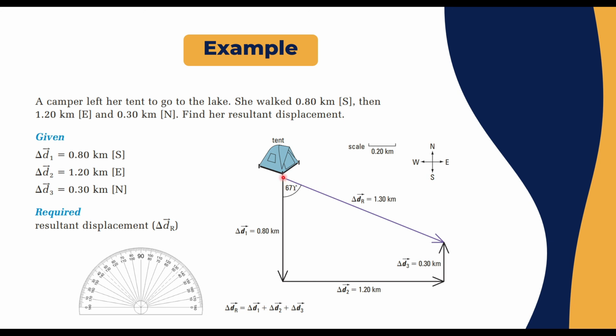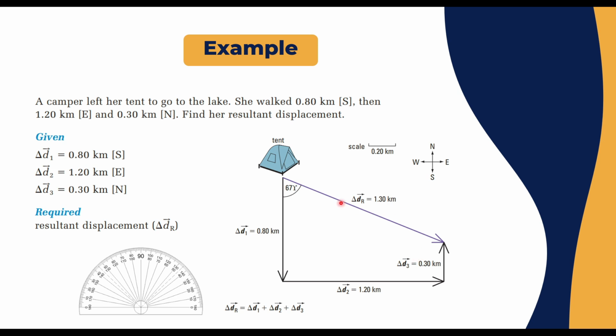Now you draw from here to here, then you measure. As long as you're drawing to scale, you measure the distance between the first tail and the last tip. The scale here is 0.2 kilometer equals this value, and you switch the units back to the normal scale.